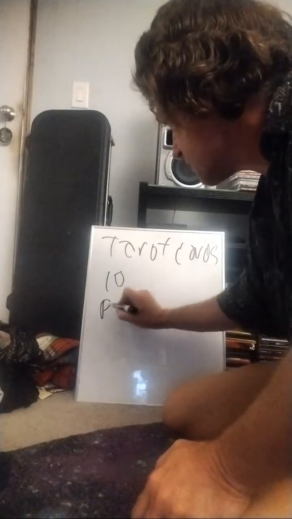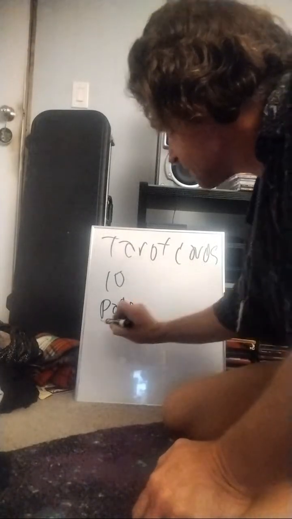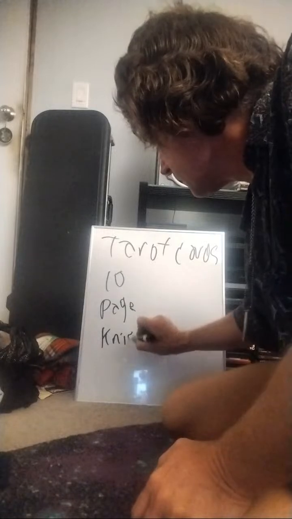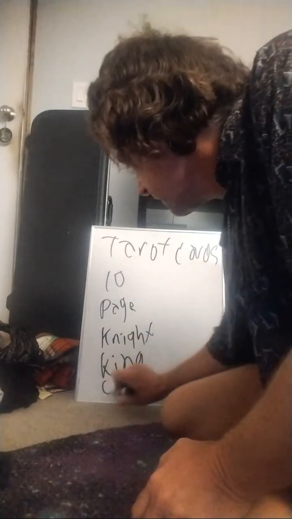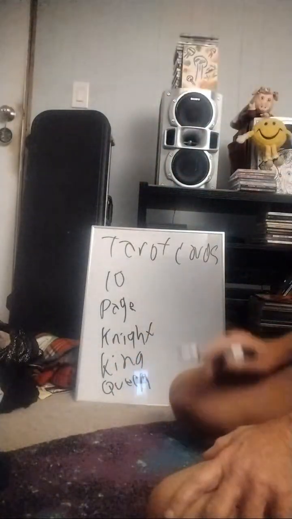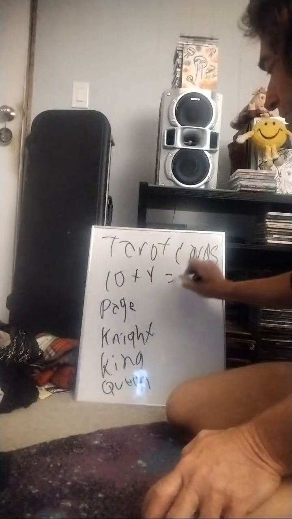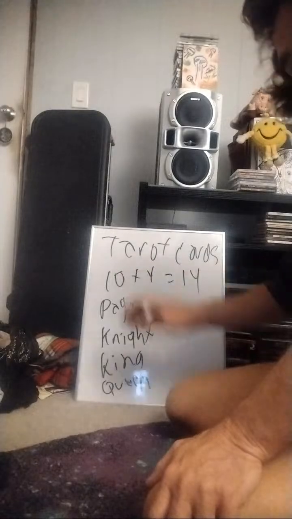You have the Page, not Jimmy Page, but LOL, the Knight, and the King, and the Queen. So you have 4 others added to the 10, which plus 4 equals 14, as opposed to 13 with playing cards.